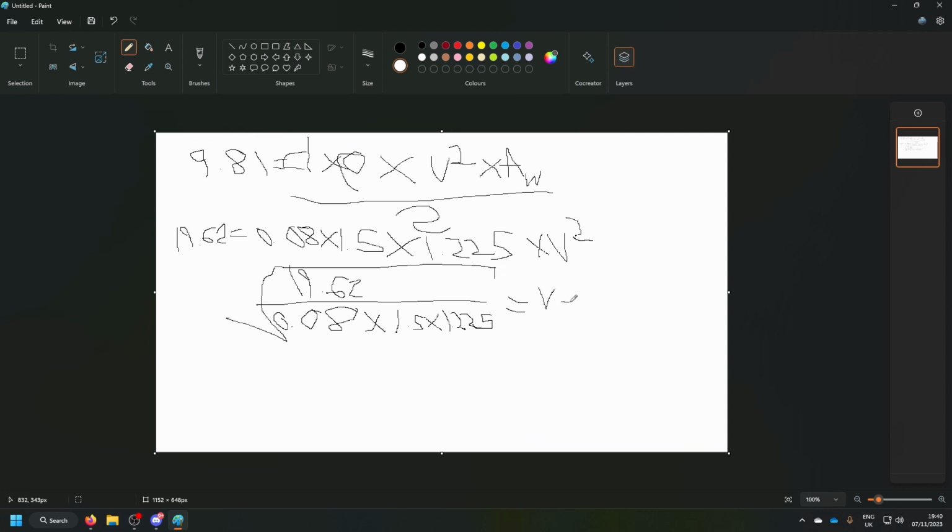19.62 divided by 0.08 times by 1.5 times 1.225 comes out to 133.496, but I have to square root that. Square rooted, it's 11.553.